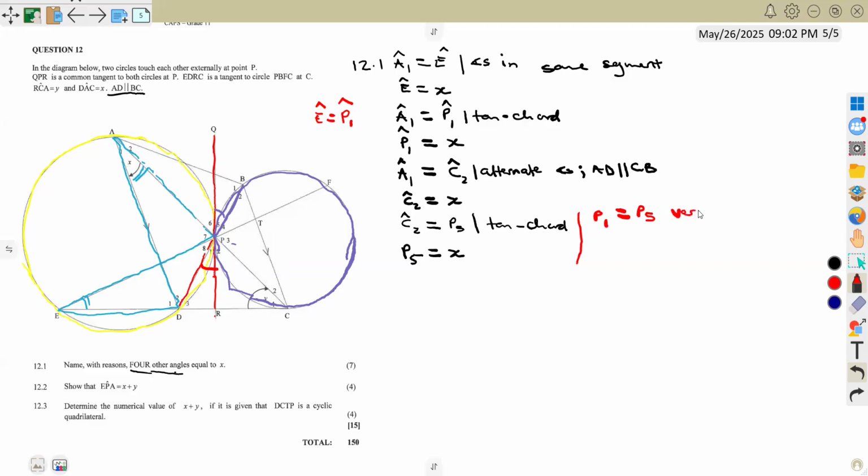Those are vertically opposite angles. Whenever we have intersecting lines, we create vertically opposite angles. Therefore P5 is equal to X. So we have X here, here, here, here, and here on this angle.